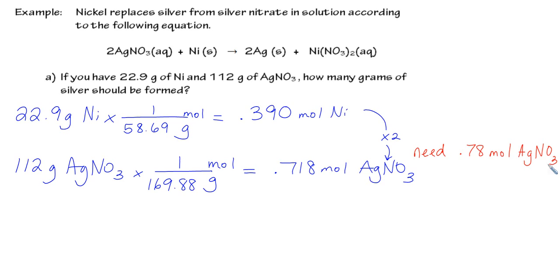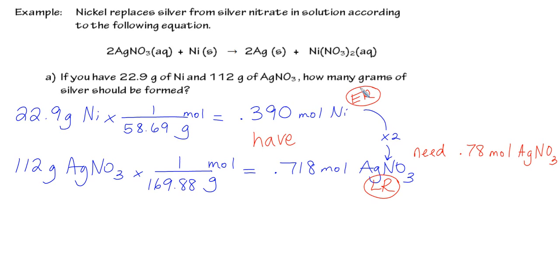I can kind of estimate, or this one I can multiply by 2 in my head. I need about 0.78. I'm just shy. These amounts are what we have. The amount of silver nitrate that I have to work with, I do not have that much. I'm close, but silver nitrate will be my limiting reactant, leaving nickel as my excess.